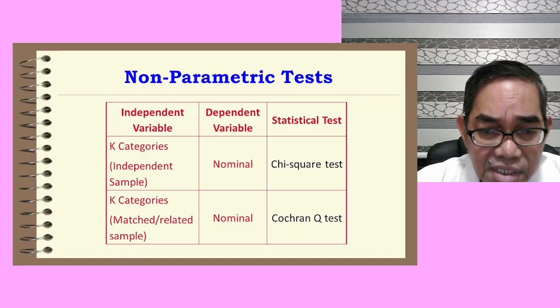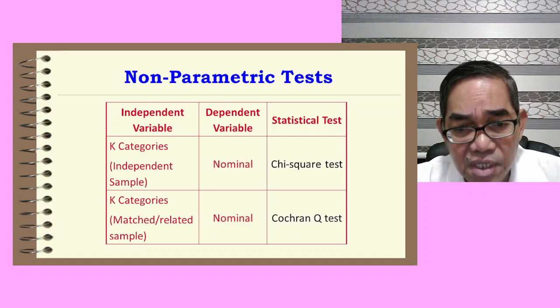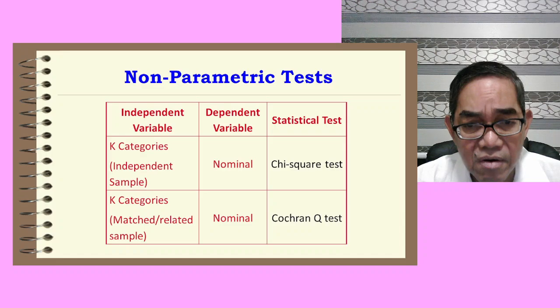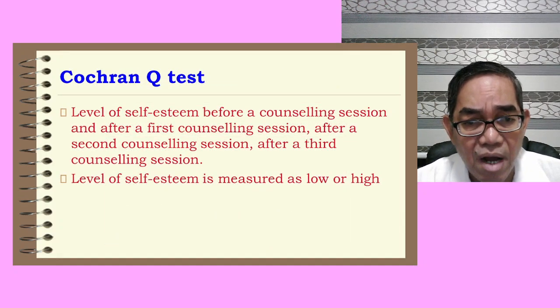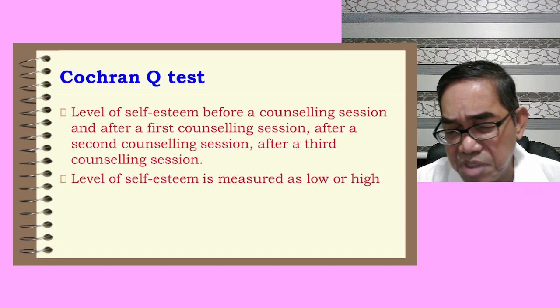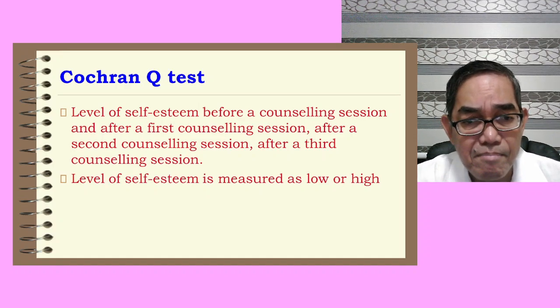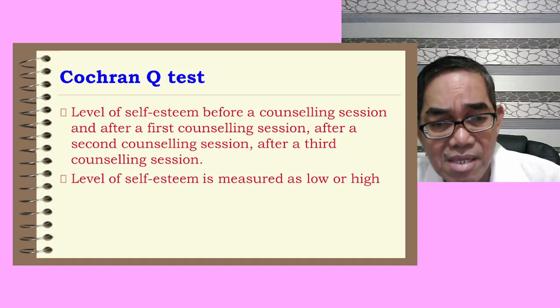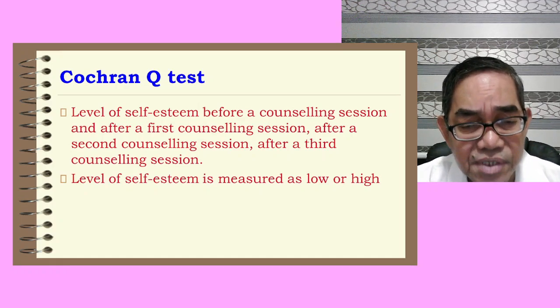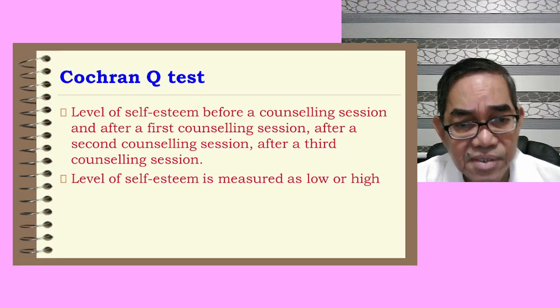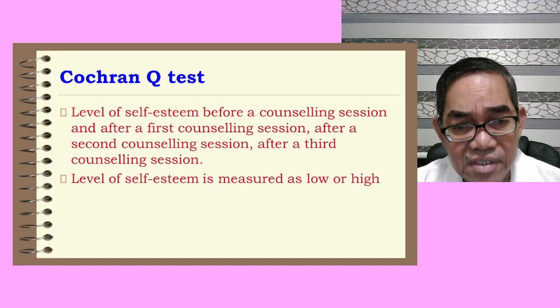Again, we won't give an example of a chi-square test. We'll give an example of the Cochran Q test. So, level of self-esteem before a counseling session, same objective, but now we have many measurements: before a counseling session, after the first counseling session, after the second, after the third.